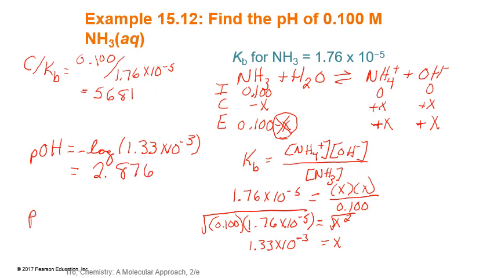And we can find our pH because it is 14 minus that value. In this case, 11.12, to find the pH of our basic ammonia solution. We know that this is correct because it is basic.